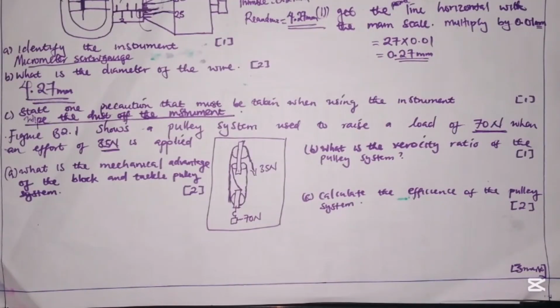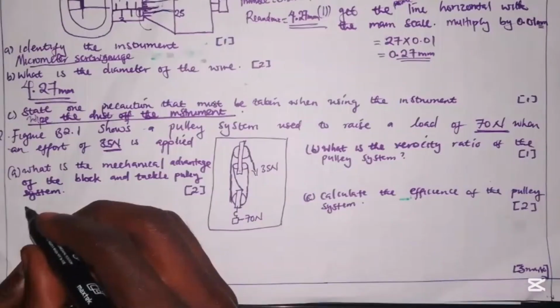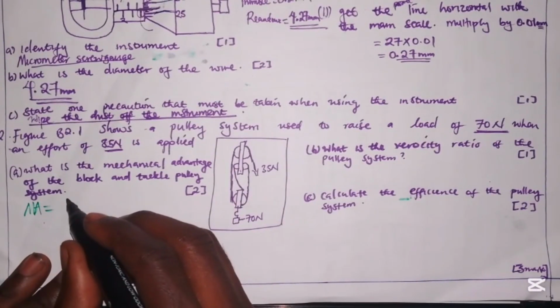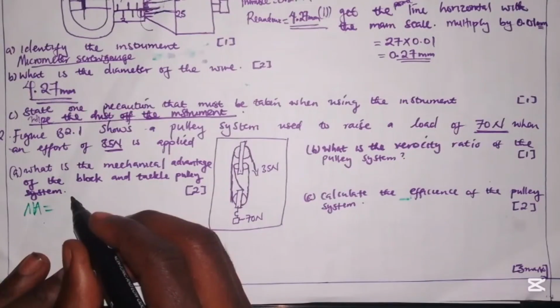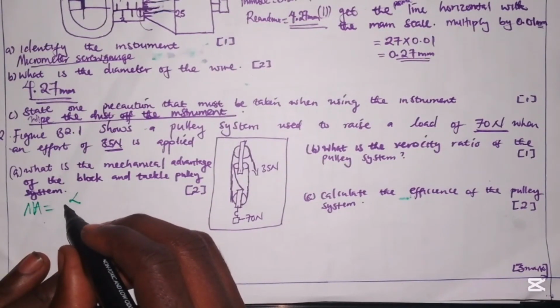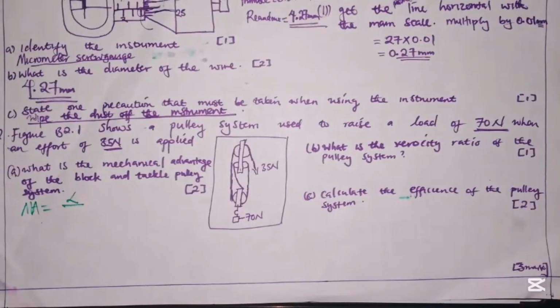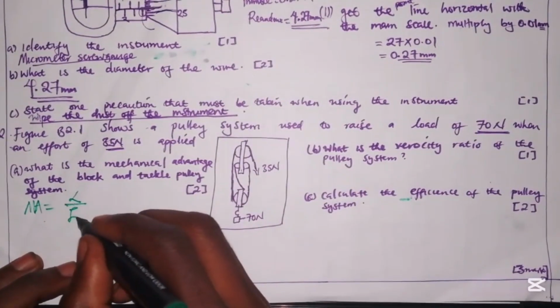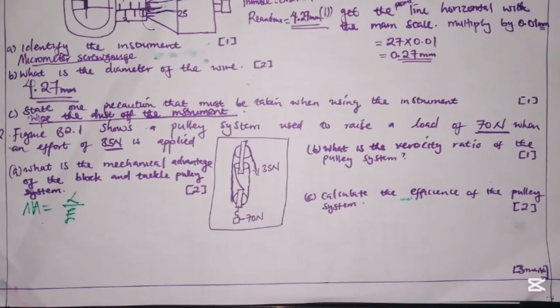So in definition, whenever we are talking about the mechanical advantage, you have to understand that this is the ratio between the load and the effort. Yeah. So how now do you know which one is the load, which one is the effort?